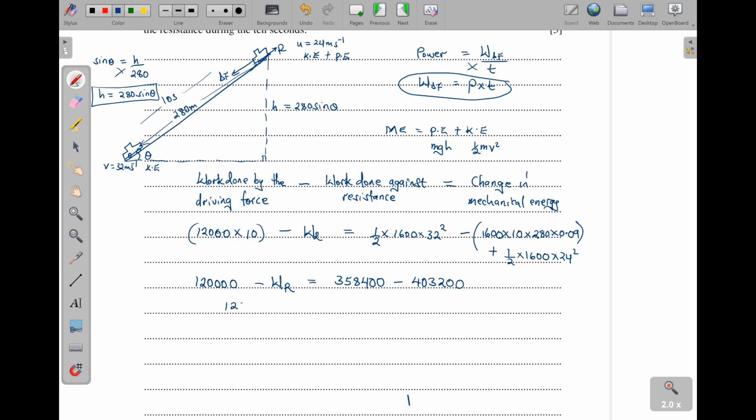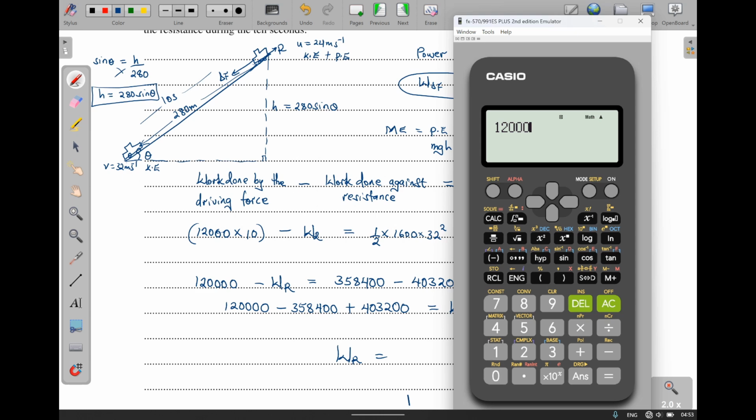So 120,000 minus 358,400, then plus 403,200 will give us the work done against resistance. Therefore, what is the work done against resistance? 120,000 minus 358,400 plus 403,200.